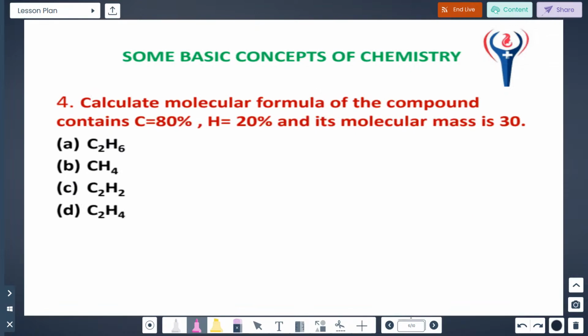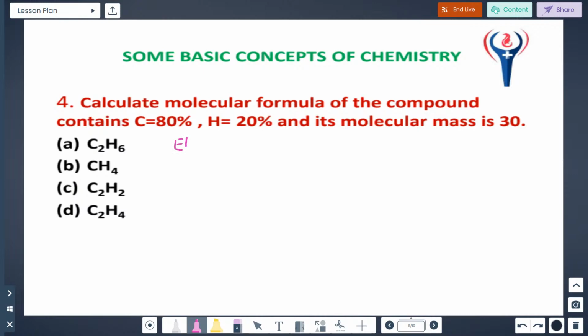This is based on empirical formula and molecular formula. Calculate the molecular formula of the compound containing carbon 80%, hydrogen 20%, and molecular mass 30. See, simple.